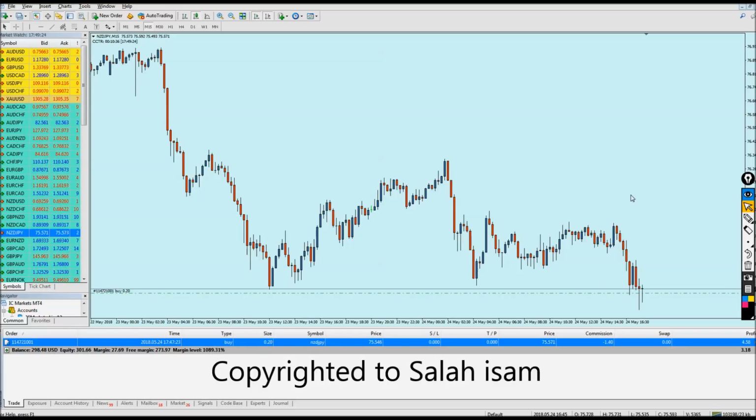And you can see it's already reversing. I was actually looking at my WhatsApp and texting, then I just saw it. Oh, it's in profit.